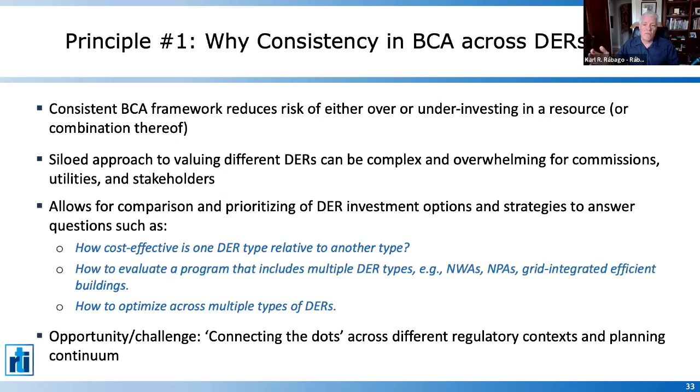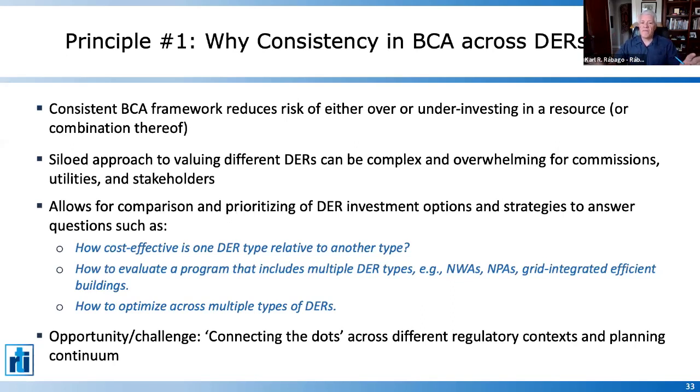If you use a consistent framework, you know which one has the 1.1 and which one has the 6.1, and you're comparing them on that level playing field. If you take a siloed approach where every measure, every DER gets a different test, then all you're going to have is arguments. So a consistent BCA framework is a great place to start.